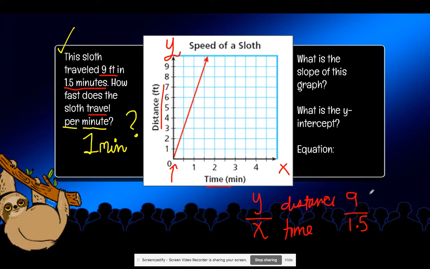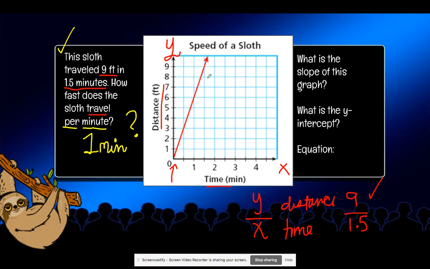So setting up this fraction is super important, okay? So how did I do this again? Let me just review. I know that I want to find my distance traveled per minute, for every 1 minute. That means that there's some sort of division that needs to be done to find that 1 minute. And then I have to set it up based off of y over x.